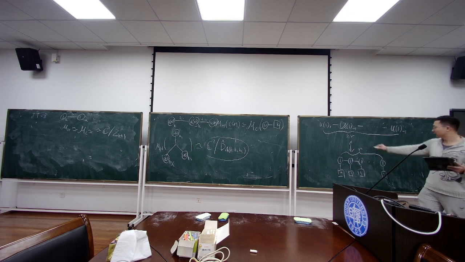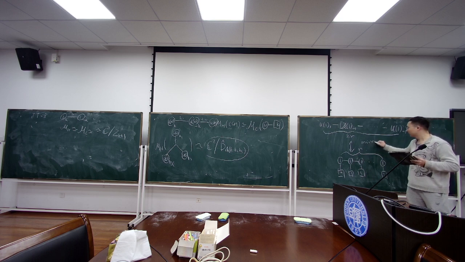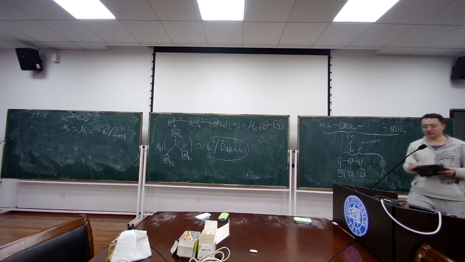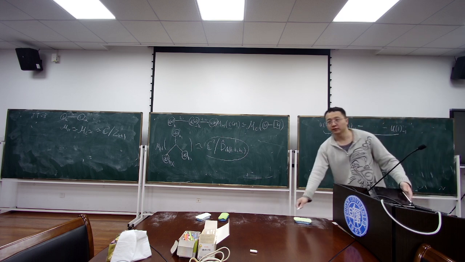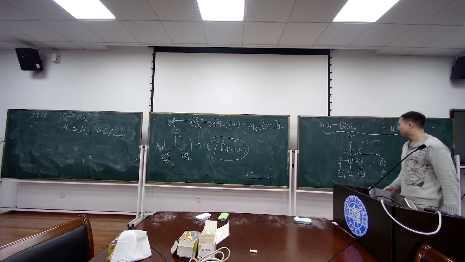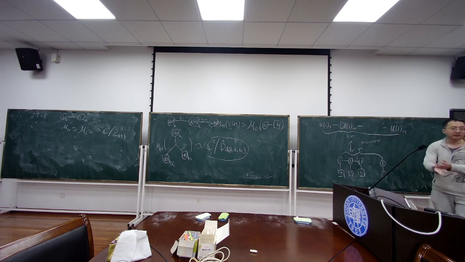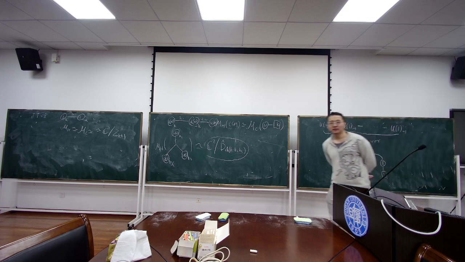Okay, so, mirror. This can be checked by the combination of three indices, and this can also be checked by a brane argument. Okay, so I guess I will end here. Thank you.